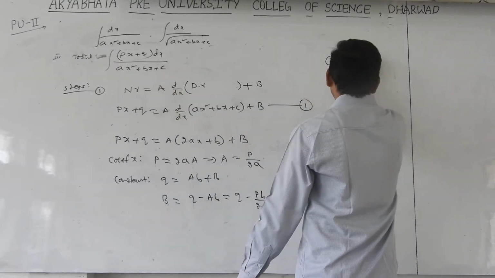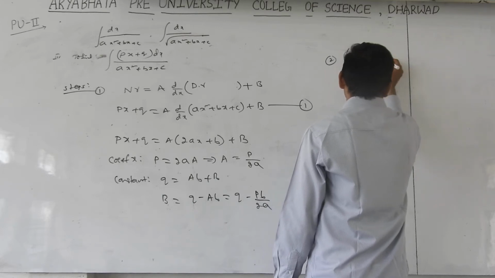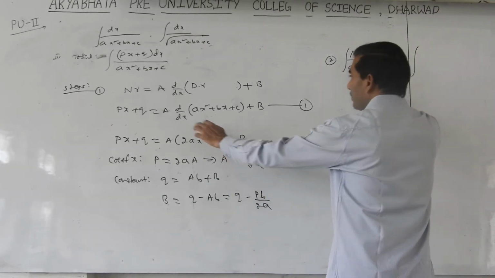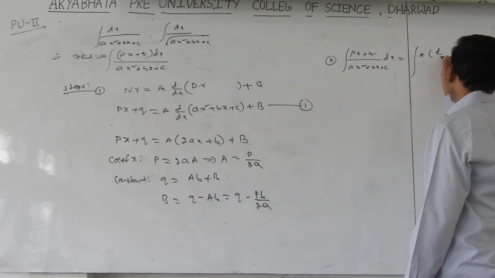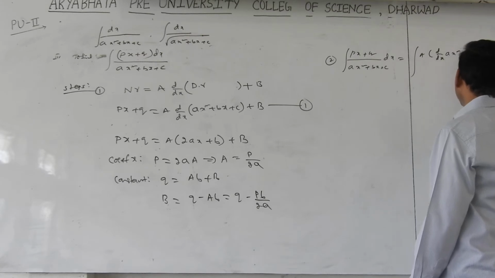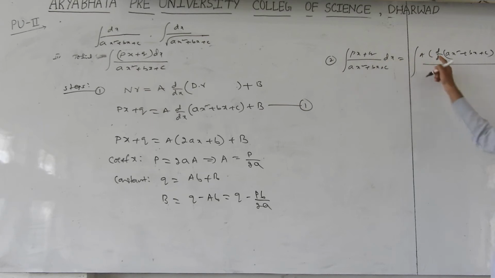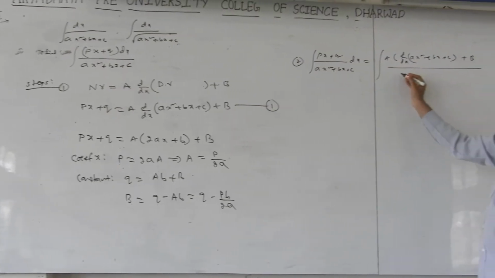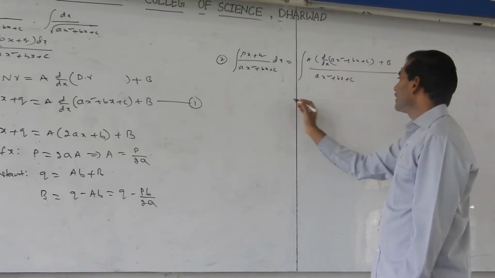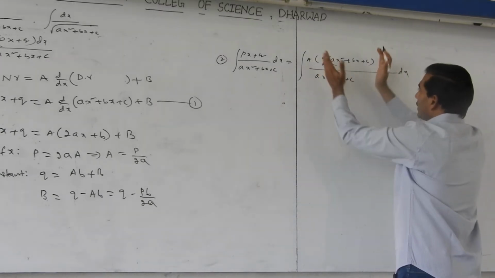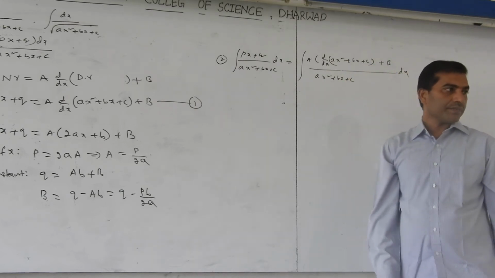Second step, step 2. Integration of px plus q by ax square plus bx plus c dx equals: px plus q is equal to A into d by dx of (ax square plus bx plus c) plus B, the numerator, divided by ax square plus bx plus c dx. Now splitting this part by this plus this by this, easily we can find the integration.